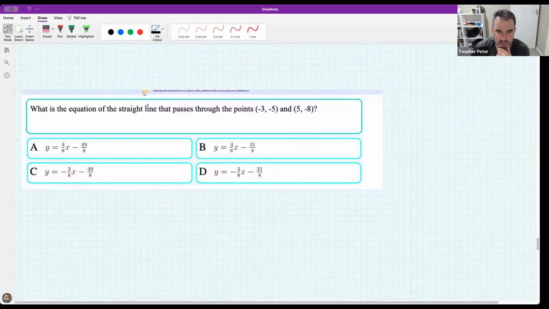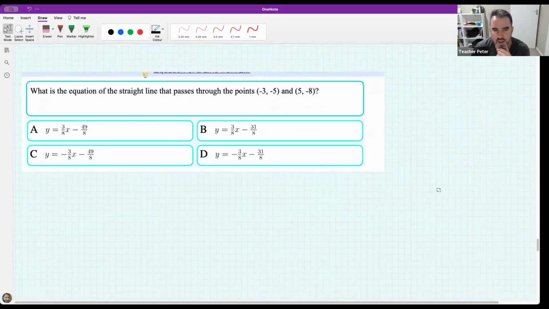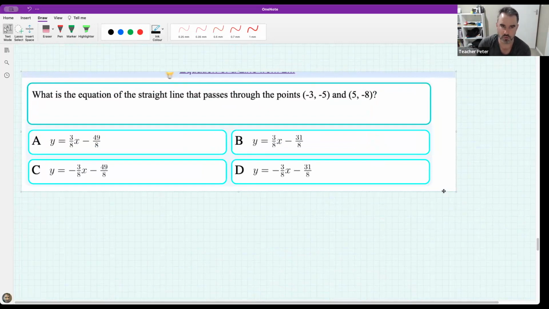Okay, last question of tonight. What is the equation of the straight line that goes through (-3, 5) and (5, -8)?